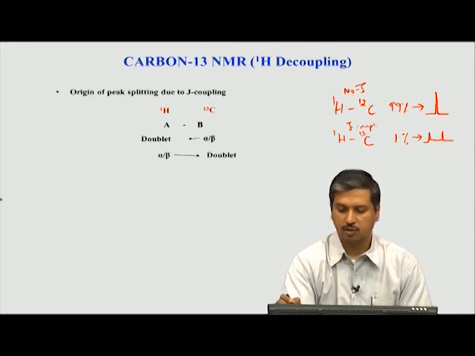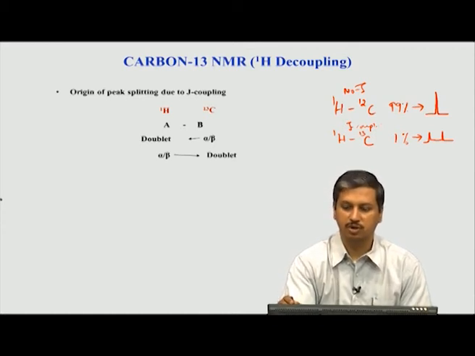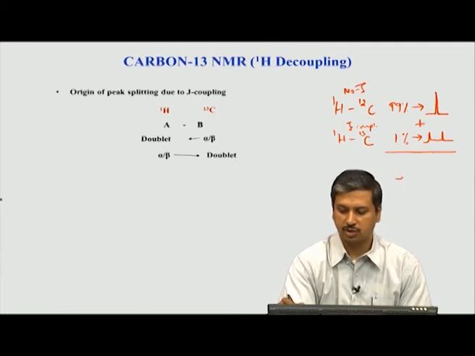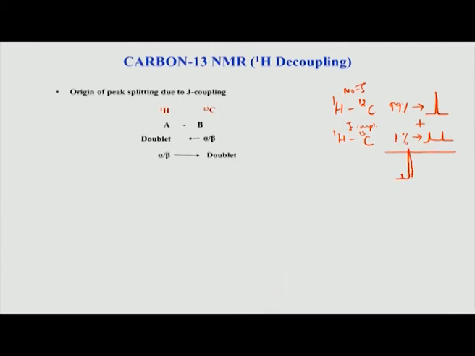In any given molecule both of these are present, so you have to add these two. If you add these two, you will get a tall singlet with a very small peak on each side, because this height corresponds to 1%, whereas this is 99%. So, this is about 100 times taller compared to these small peaks. We use the word satellites. This is called a satellite peak, satellite peaks. This is the case in the hydrogen spectrum.